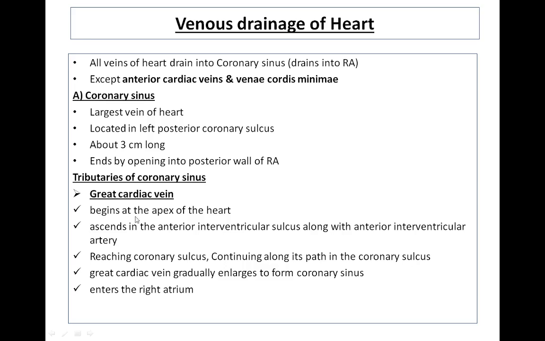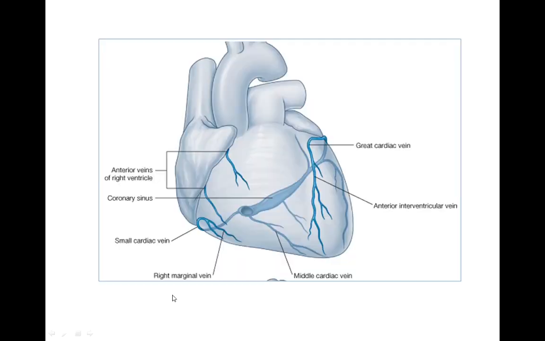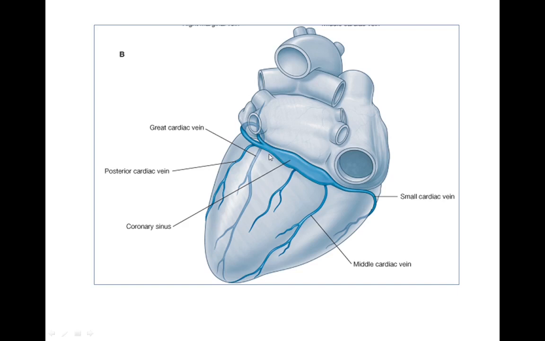Clear? So it begins at the apex as the great cardiac vein, gradually enlarges to form the coronary sinus and enters into the right atrium. So this is we are looking from the posterior aspect. See here, from the posterior aspect, this is our great cardiac vein. This is the anterior aspect. It winds around the left border of the heart, then on the posterior part of the coronary sulcus.